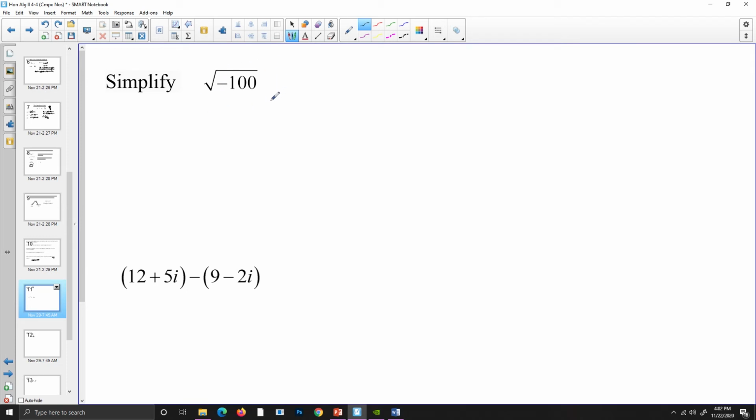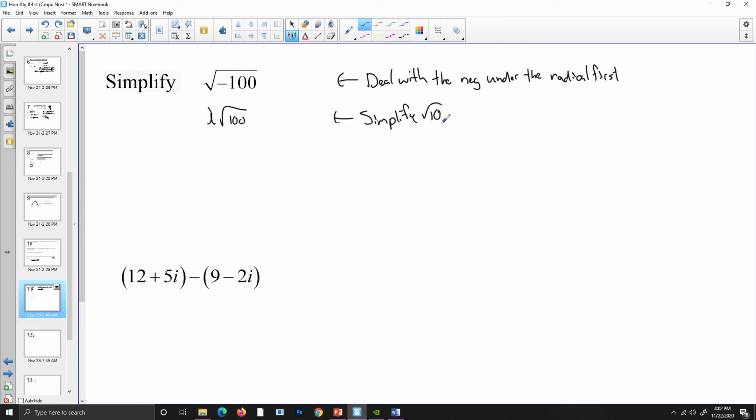Whenever you simplify, you must deal with the negative under the radical first. And we'll make that simple. We'll just go i times the square root of 100. And we're going to simplify the square root of 100.